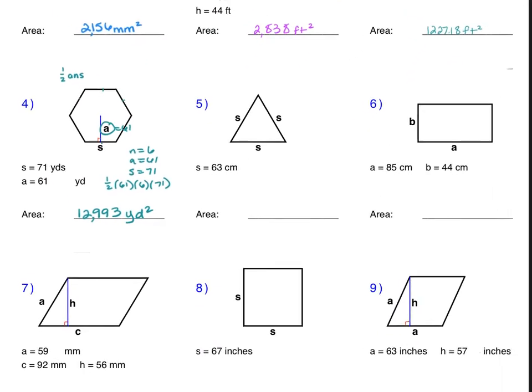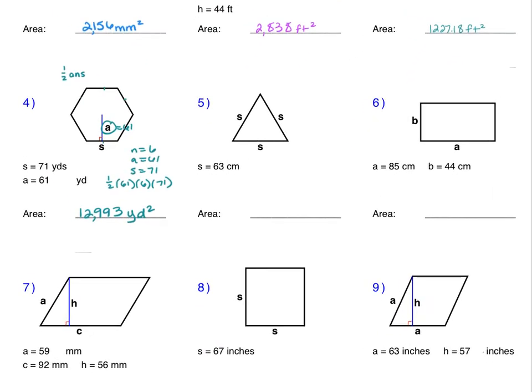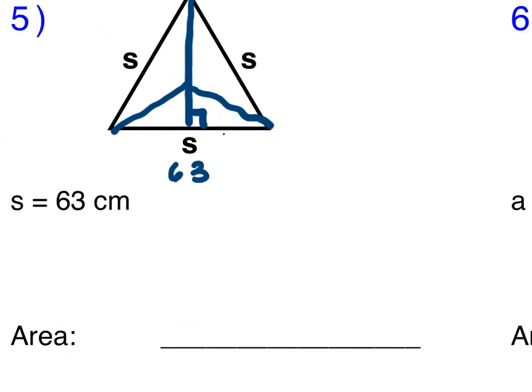All right, number 5 is an equilateral triangle. So I can draw in my altitude, or I could have used the central angle like we did with the regular polygons. You could do this either way. If this is 63, then I know I just cut that into 2 equal parts, which is 31.5 and 31.5.